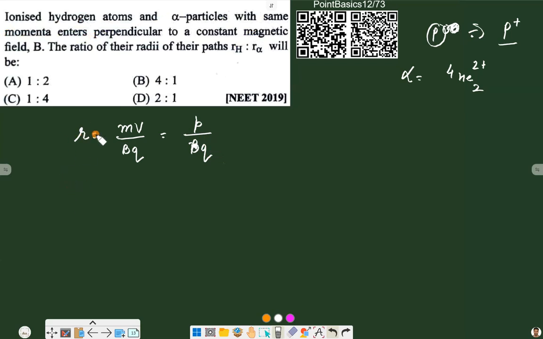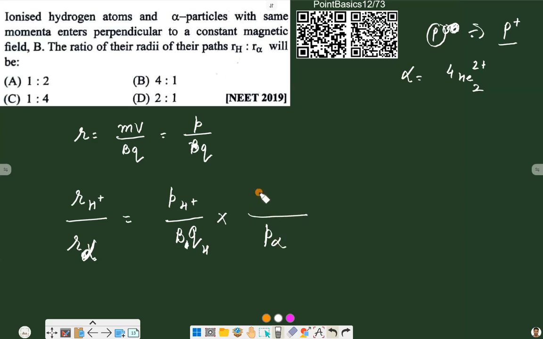So we can say from this relation that the radius for the hydrogen particle divided by that for the alpha particle will be equal to p of H divided by B times q of H, multiplied by B times q of alpha divided by p of alpha. The magnetic field is the same for both, and the momenta are also the same, so the ratio comes out to be the charge of alpha by the charge of the ionized hydrogen atom.